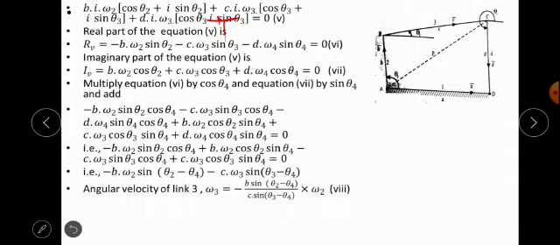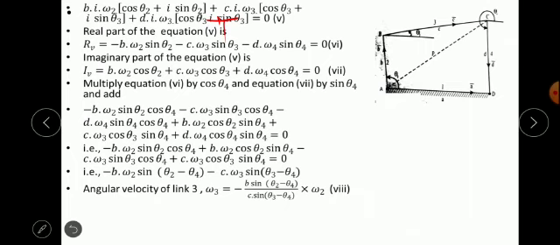Minus b omega 2 sin theta 2 minus theta 4, minus c omega 3 sin theta 3 minus theta 4, because omega 2 sin theta 2 and sin theta 4 are there, and c omega 3 sin theta 3 minus theta 4 is there.